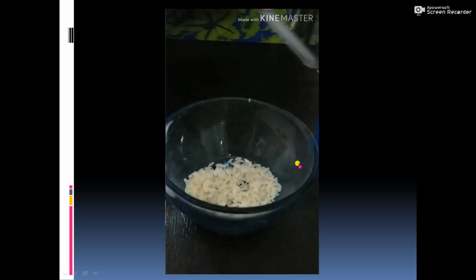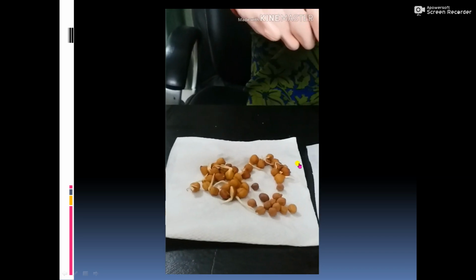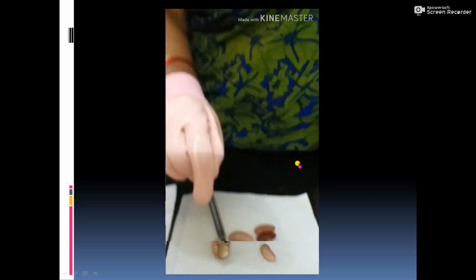And now you look here, that is rice, and this is maize. Now children, the seed containing 2 cotyledons, look here, these are 2 cotyledons. So this is known as dicotyledon. The bean seed also contains 2 cotyledons.